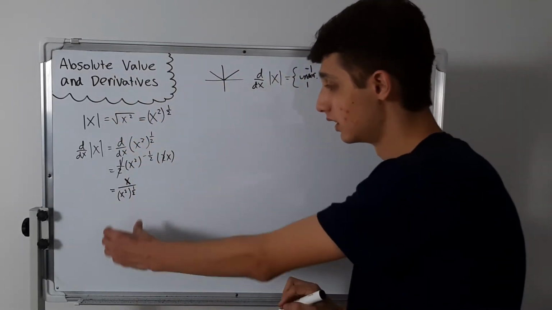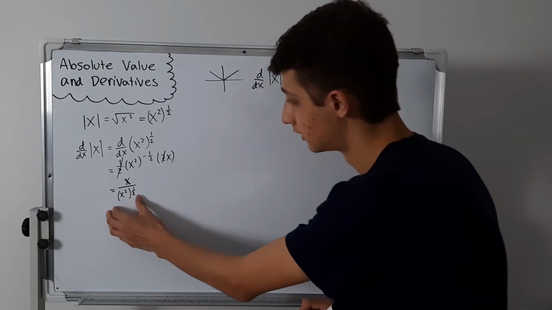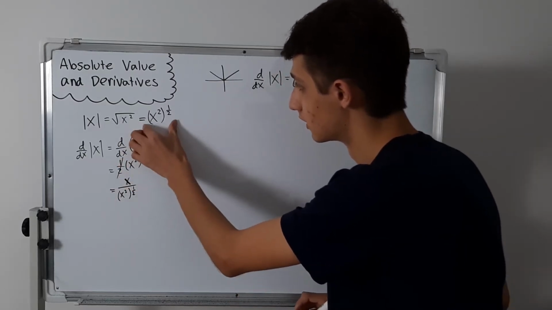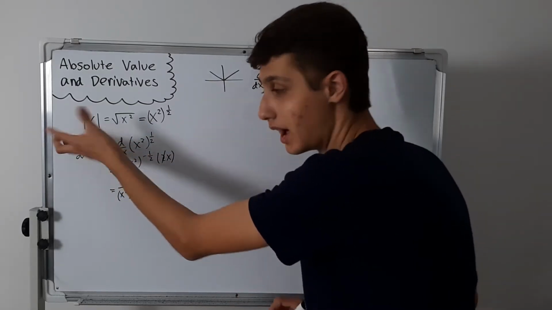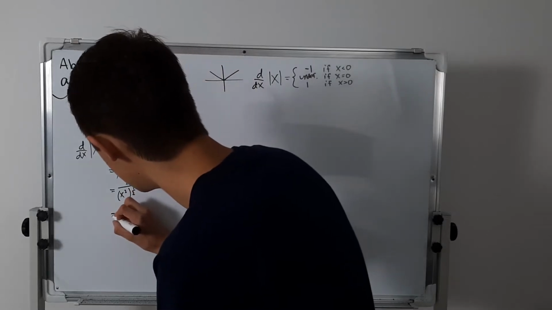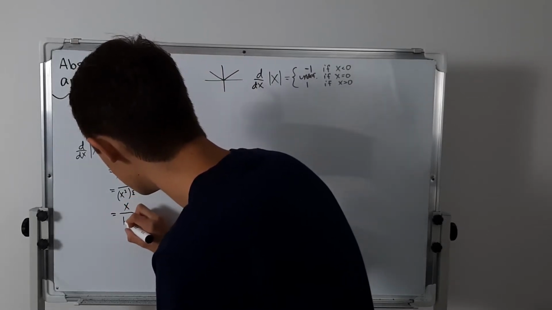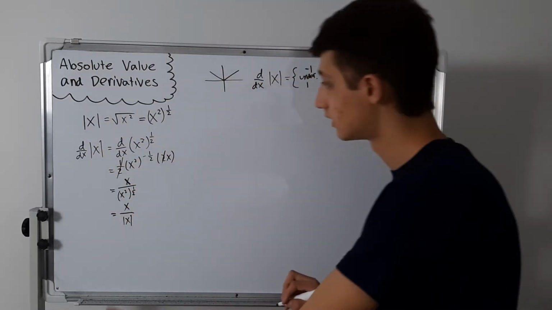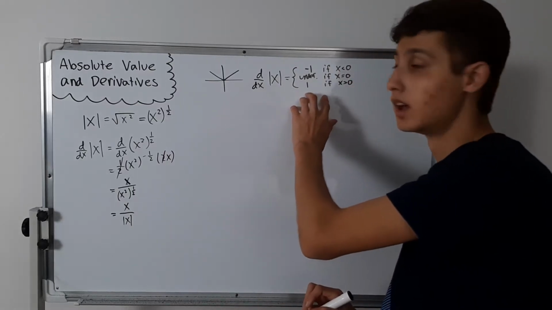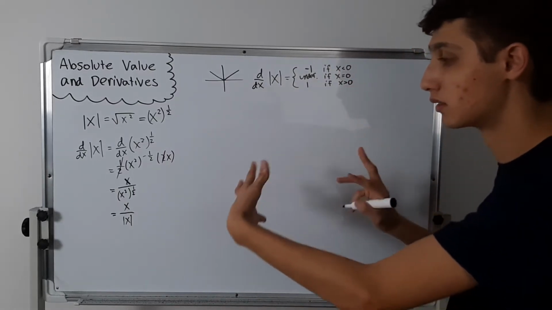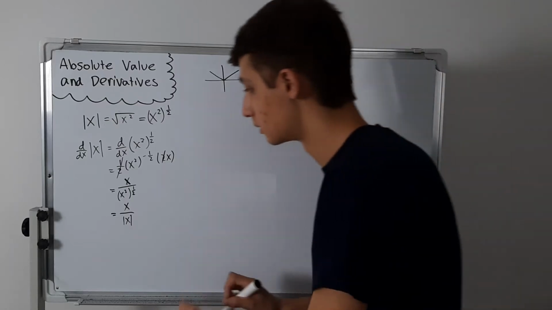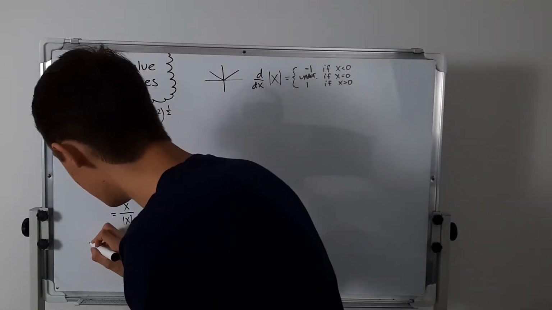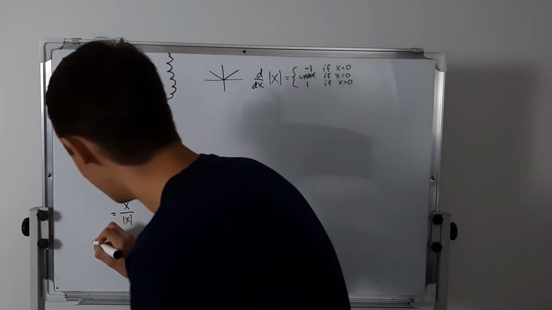This is easy because we can see that x squared to the 1/2 is equal to the absolute value of x. So in the end, we get x over the absolute value of x. And this is precisely the same thing as this piecewise definition. It's close to the signum function, SGN, not S-I-N-E.